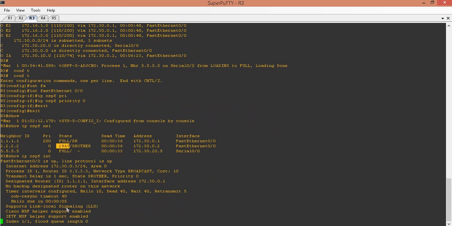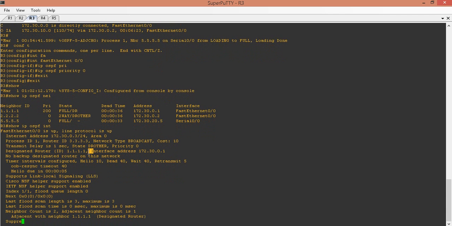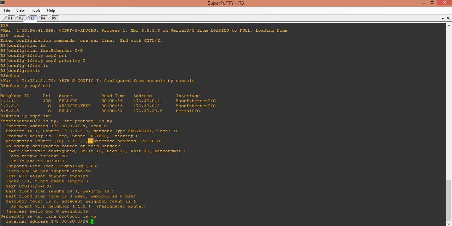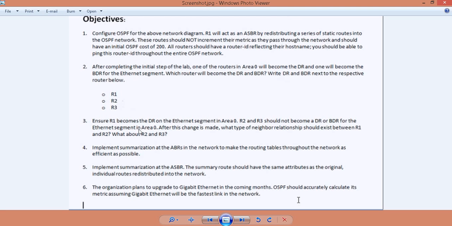Okay, it is DROther. It is neither BDR nor DR. Okay, that objective is accomplished, and router 1 becomes the DR on this interface. They asked what routers 2 and 3 are: they are DROther.